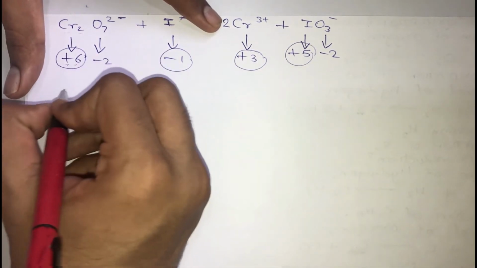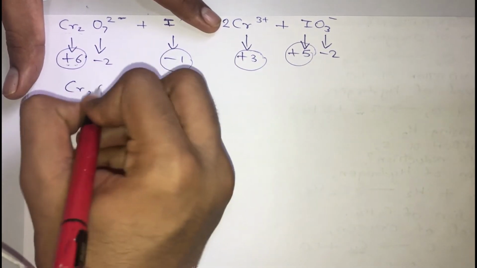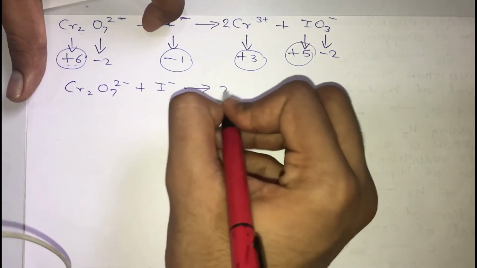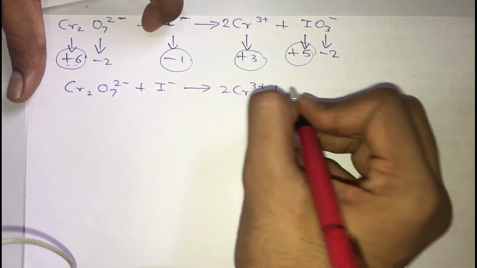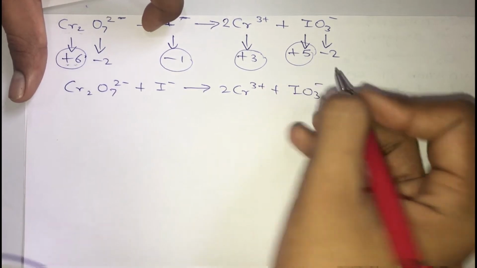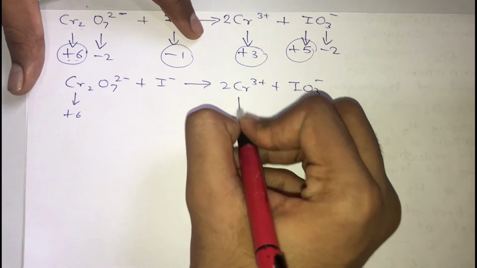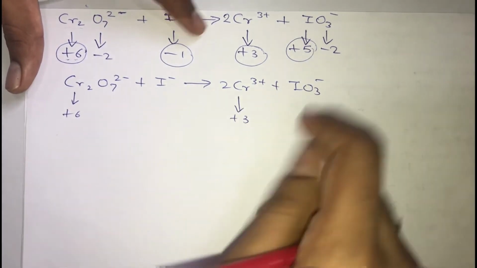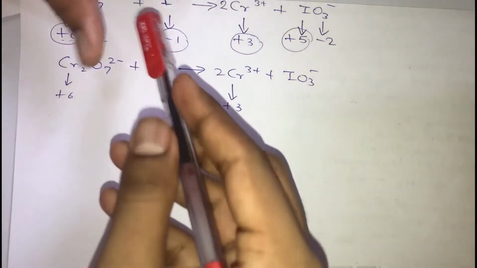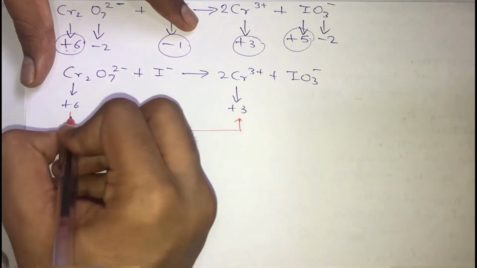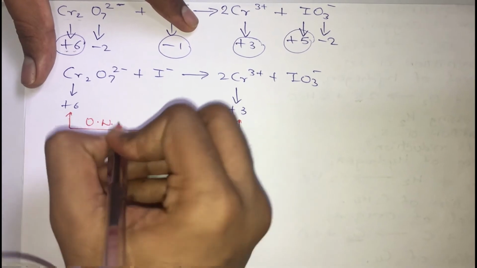Okay, so we write the equation again over here. Cr2O7 2 minus plus I minus gives us 2Cr3 plus IO3 minus. Okay, now here it has changed from +6 to +3. So can I say, guys, that the oxidation number has now decreased?